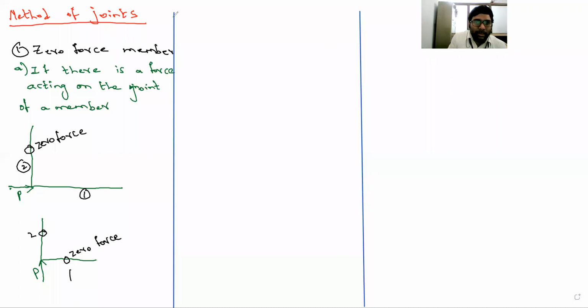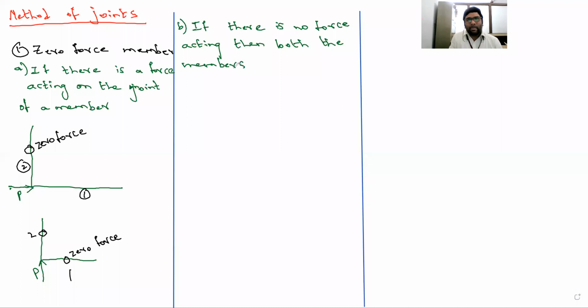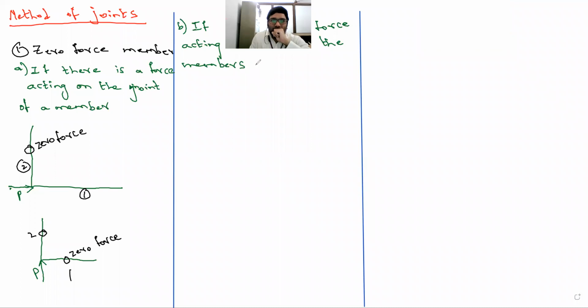Now the second case, if there is no force acting, then both the members at a joint are zero force members.